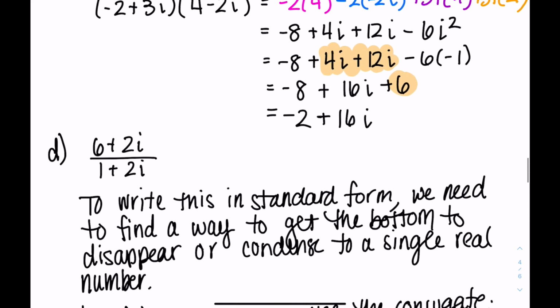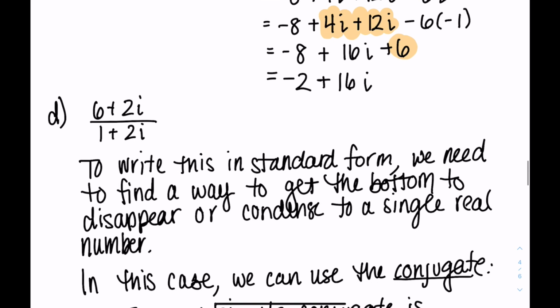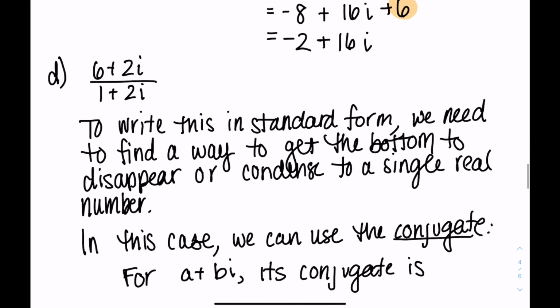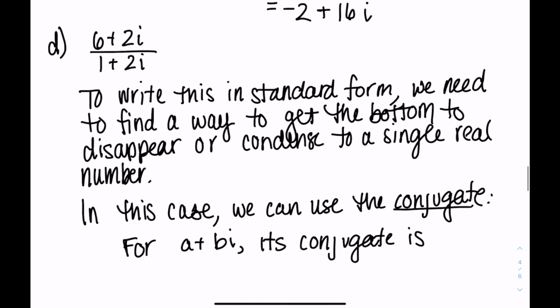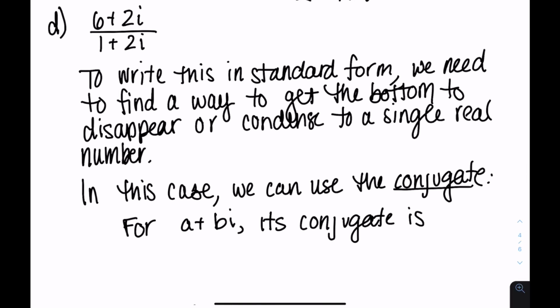So what we actually need to do is find a way to get the bottom to disappear or condense to a single number that you can multiply by. A really useful tool is multiplying by the conjugate. If you have this imaginary number, its conjugate is found by changing the sign on the imaginary part.